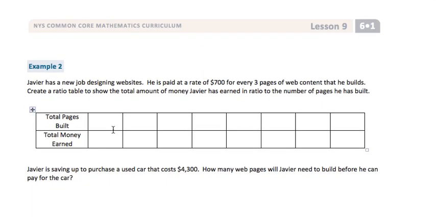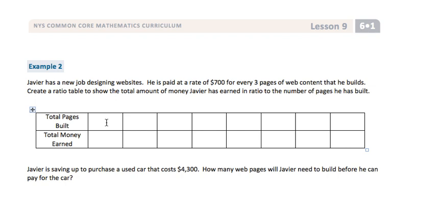Ratio tables can also be made horizontally. In this case, we're talking about Javier, who is designing websites. And he's paid a rate of $700 for every 3 pages of web content that he builds. We're going to create the ratio table to show the total amount of money that Javier is earning.